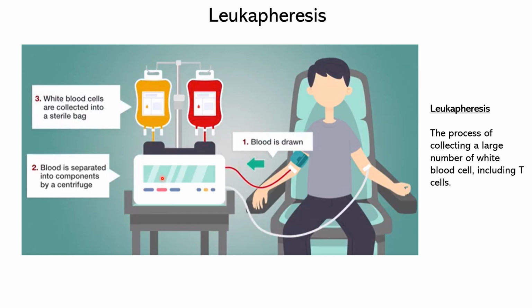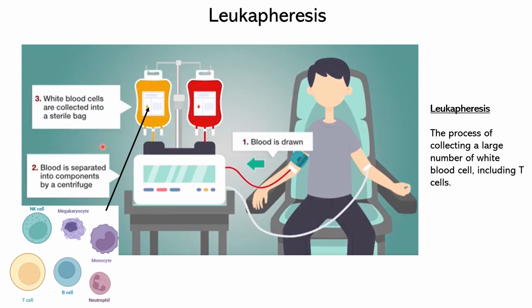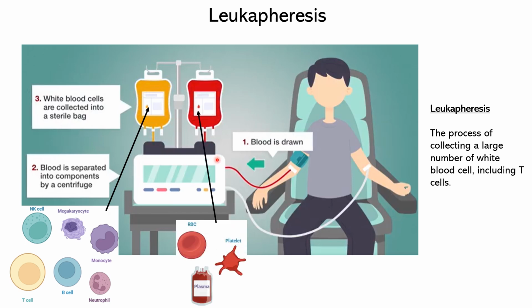And what happens is that the blood components will be separated using a centrifuge. After that, we will be able to collect the white blood cells in one bag and the rest of the blood components like red blood cells, platelets, and plasma in the other bag. And then we will give the rest of the blood components back to the patient, okay? And we will then take the white blood cells and separate the T cells out of the white blood cells.